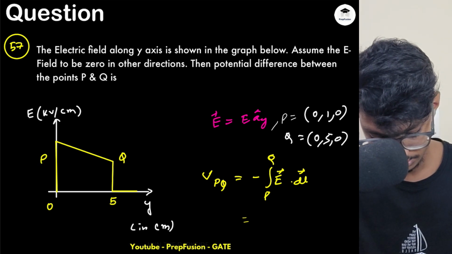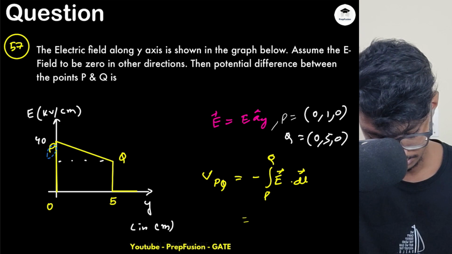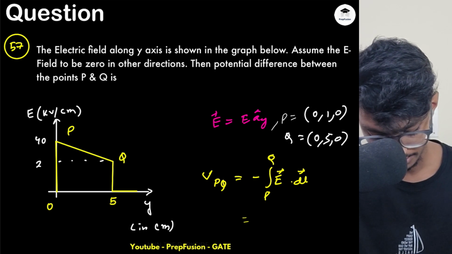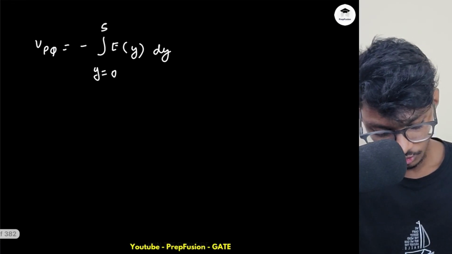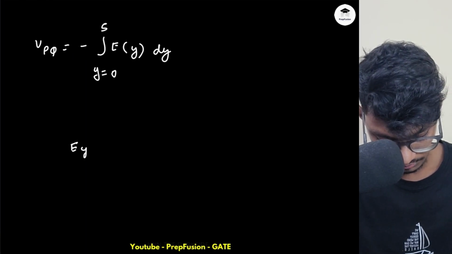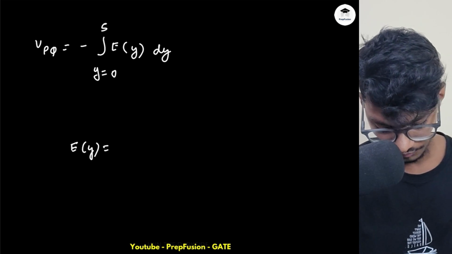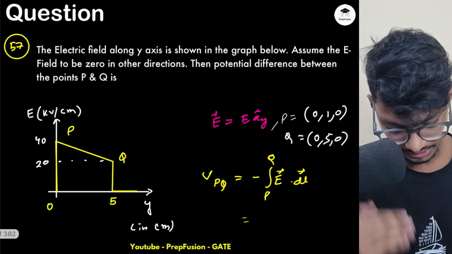Let's mention this is 20, this is 40, and this is 20, right? So E of y will be what? E of y will be a straight line with a negative slope. What is the slope?